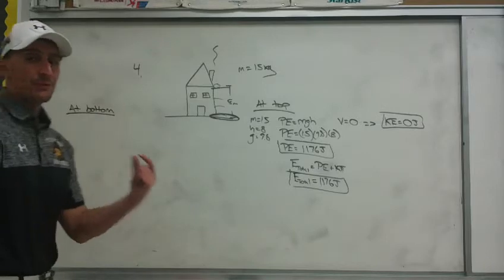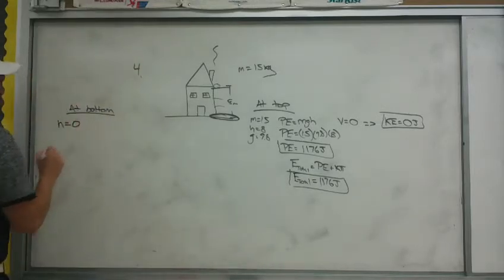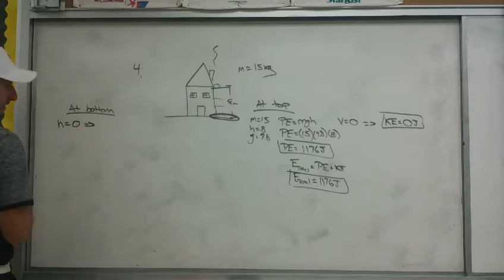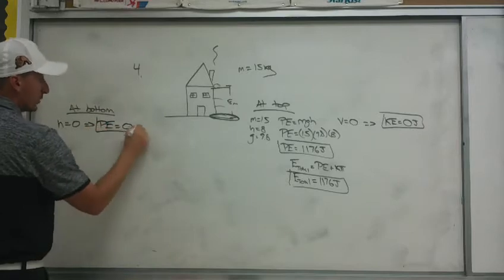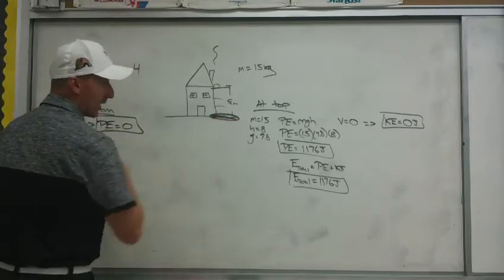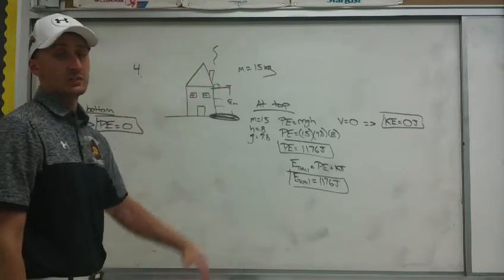Well, if we're right before we hit the ground, we can take our height to be equal to 0. If our height is equal to 0, that means our potential energy is equal to 0. So right before it strikes the ground, its potential energy is 0, which means all of that potential energy has transferred into kinetic energy.